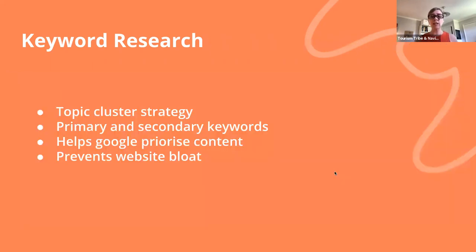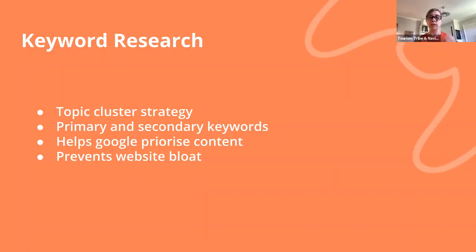The topic cluster strategy, just to give you an overview of it. We are choosing closely related topic clusters. We have a primary keyword, and then we have a few secondary keywords. The primary keyword, we give a dedicated page on the website. We're going to go into site architecture in our next lesson, and I'll show you how to populate the page, but this is just to give you an understanding of what we're trying to achieve.